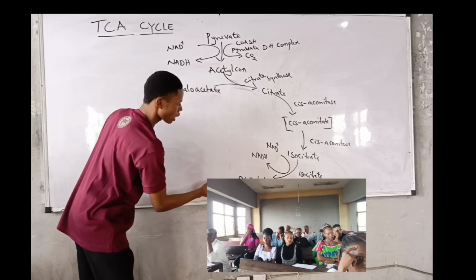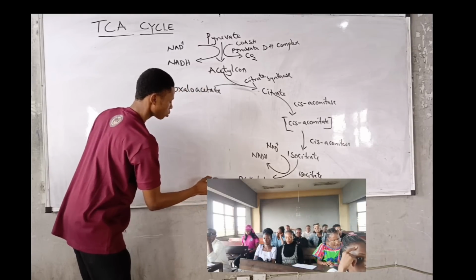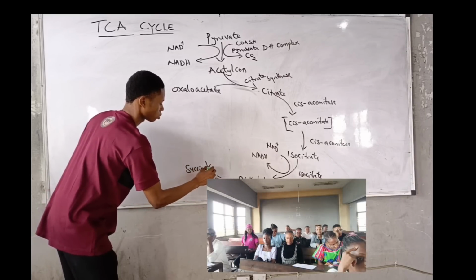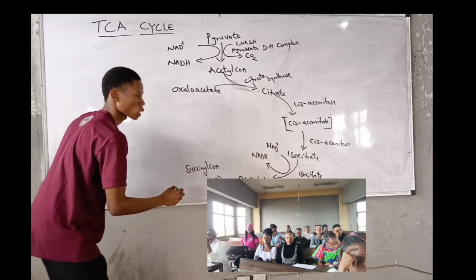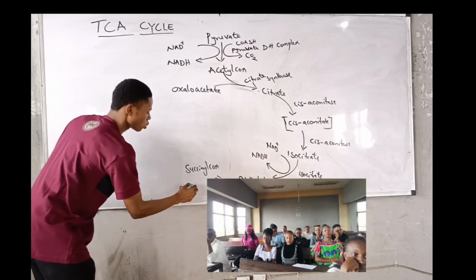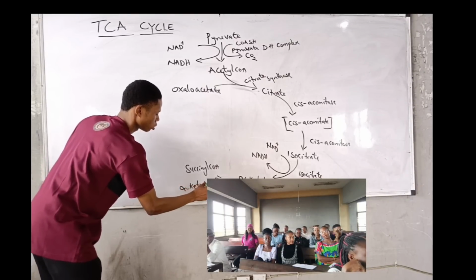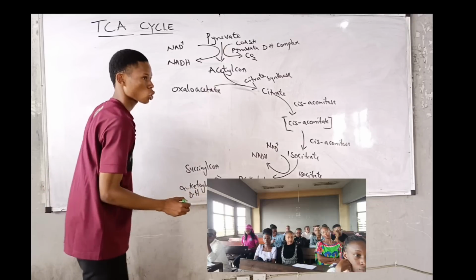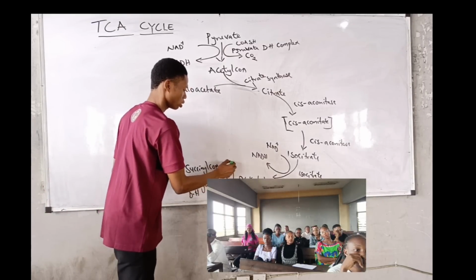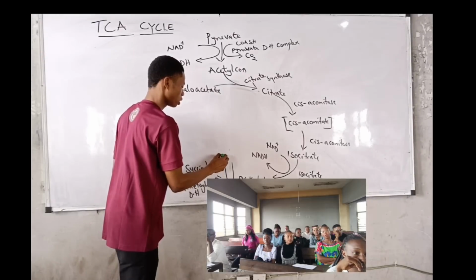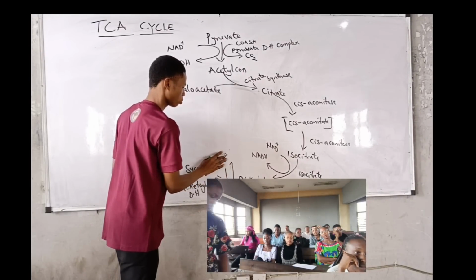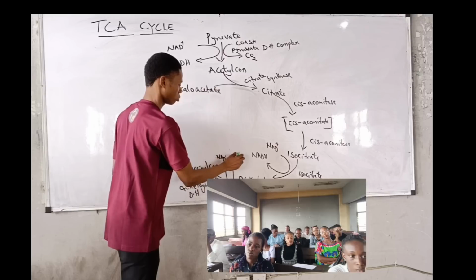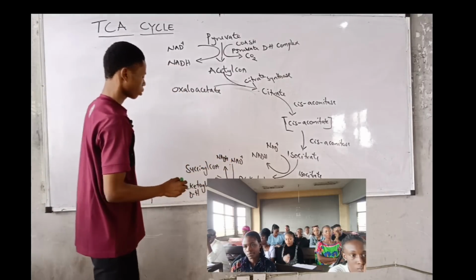Now from alpha ketoglutarate to succinyl CoA, the name of the enzyme is alpha ketoglutarate dehydrogenase. And NAD plus is converted to NADH.